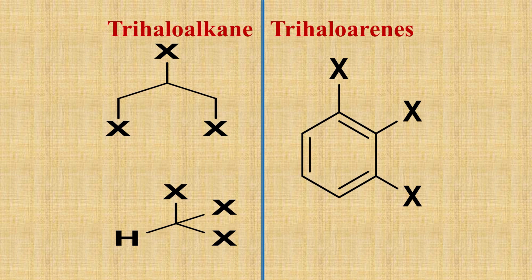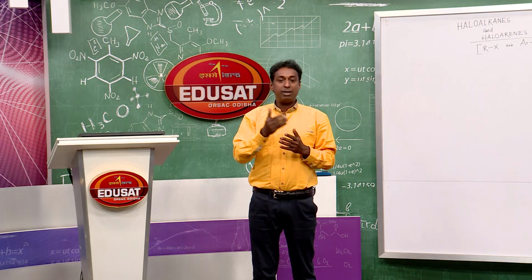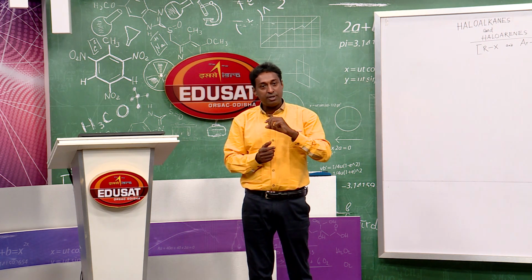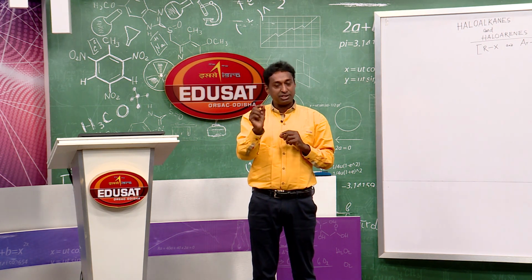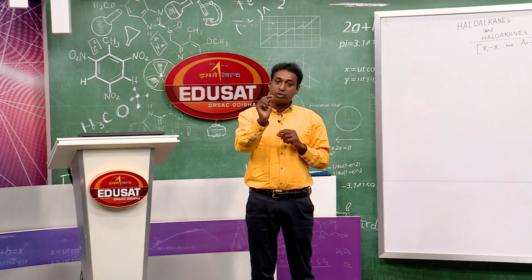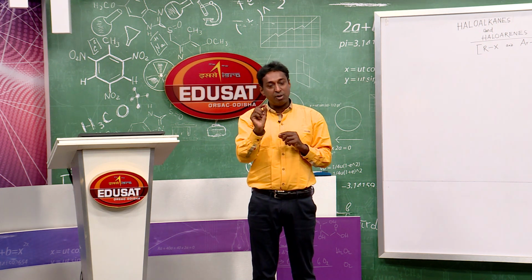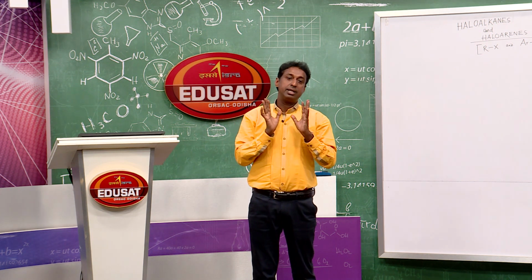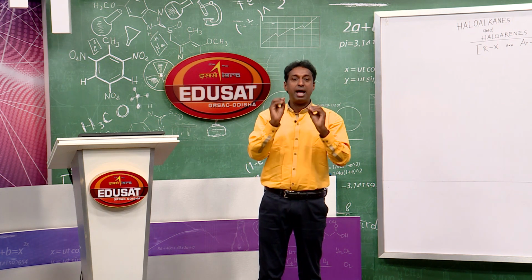So you may attach 3 halogens to a single carbon, or 1 halogen to each of several carbons, but 3 halogens are there, hence it is called trihaloalkane. On the right side you see trihaloarenes. Here you see a benzene ring system with 3 halogens attached, one to each carbon, 3 carbons and 3 halogens.